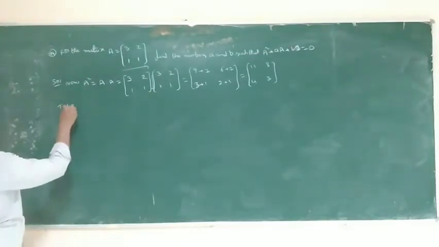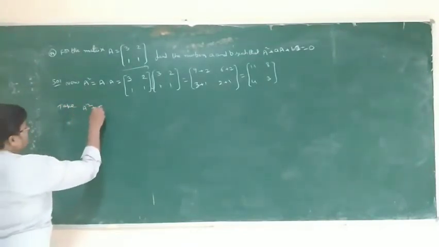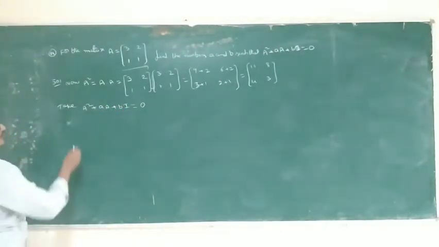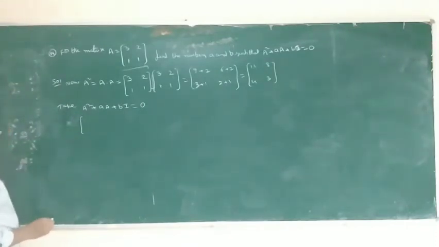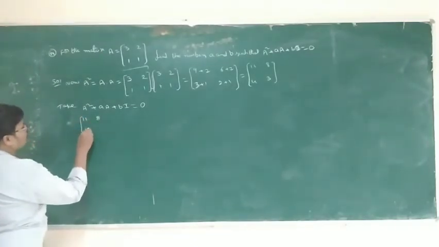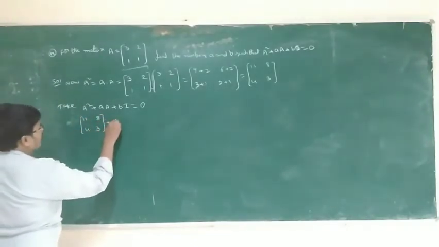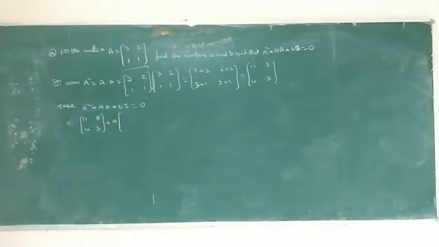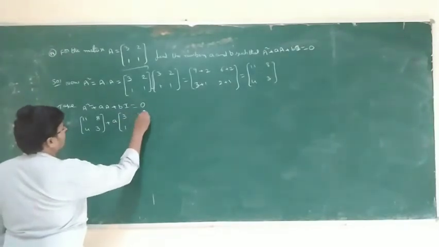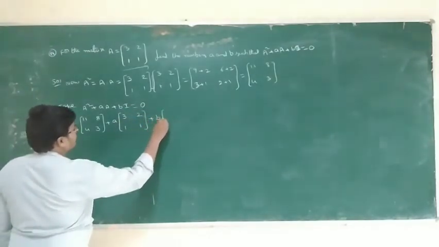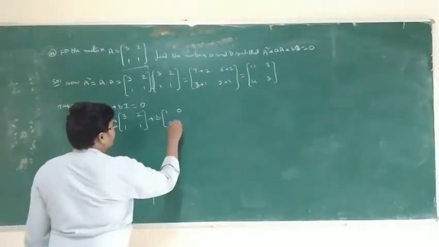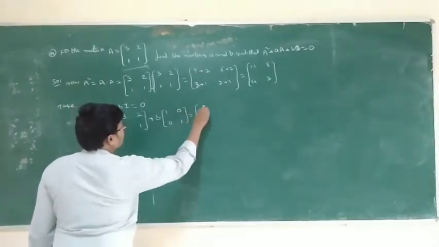Take the condition A square plus small a into A plus small b into I is equal to 0. A square is [11 8; 4 3], plus small a into capital A, where capital A is [3 2; 1 1], plus small b into I, the 2 by 2 identity matrix, is equal to the 0 matrix.